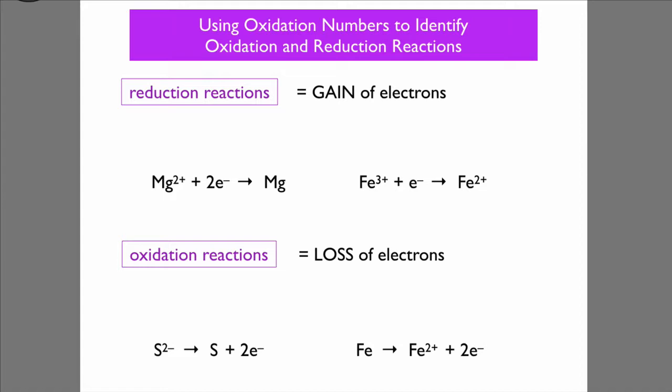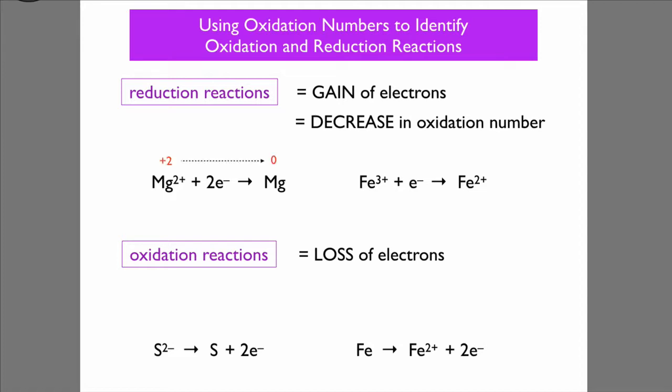We're going to use oxidation numbers to identify oxidation and reduction reactions. Remember, reduction reactions is the gain of electrons. And so, there's a decrease in oxidation number.